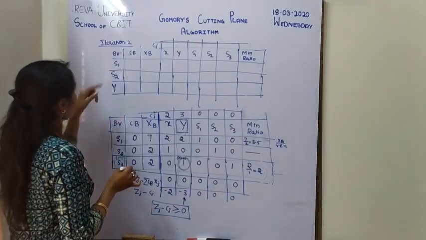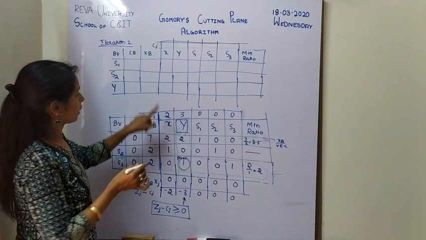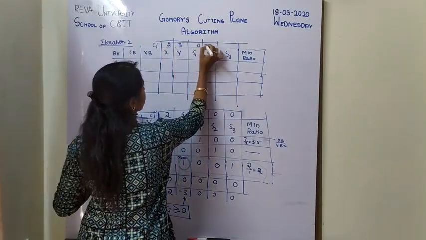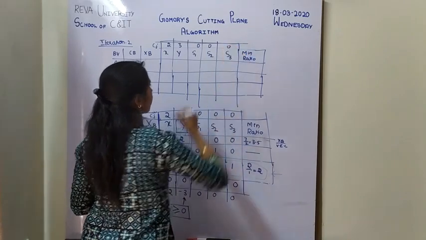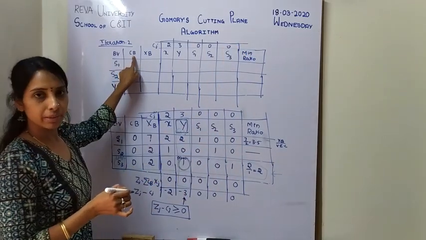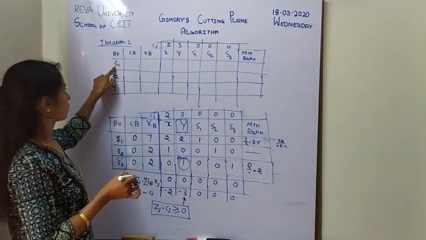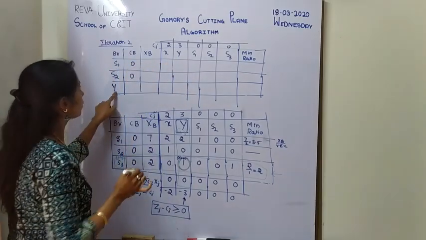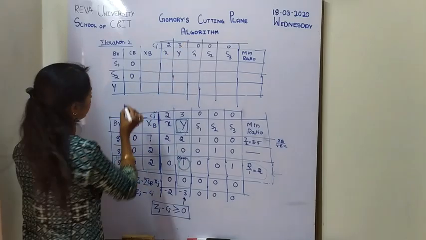Now for S1, again you have to write the coefficients here: 2, 3, 0, 0, 0. The CB indicates the corresponding coefficients of these. S1 coefficient is 0, S2 coefficient is 0, Y represents 3.